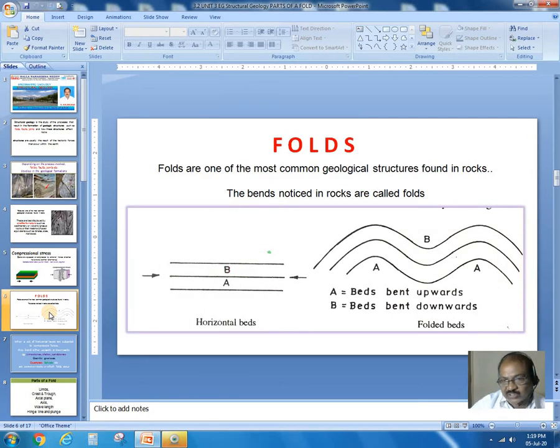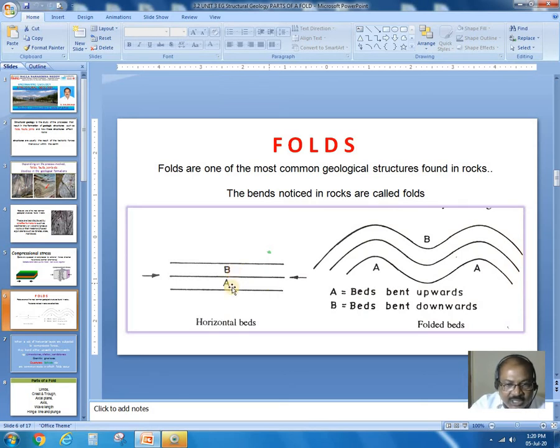Folds are common geological structures which can be seen in almost all sedimentary and metamorphic rocks. When the geological formations are subjected to compressional stresses, we can find some bends in them. See, these are stratified rocks. For example, A stands for sandstone and B stands for marble.